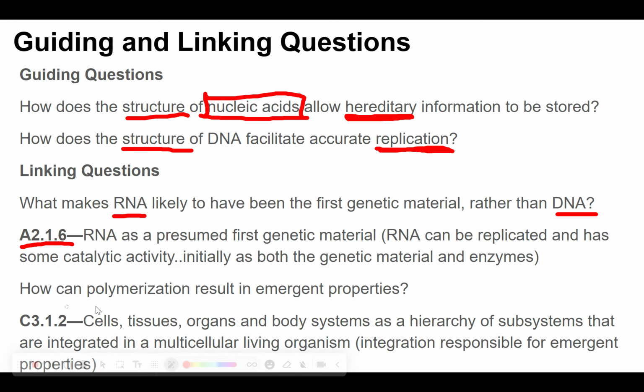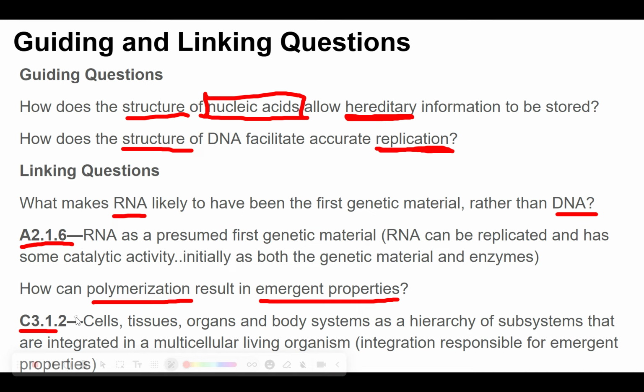And then the second linking question: how can polymerization, which we'll talk about, how DNA and RNA form polymers, the bonds that allow them to create big, long molecules, we'll talk about that in this content, how does that result in emergent properties? And C3.1 also talks a lot about the body systems coming together to form emergent properties of life.